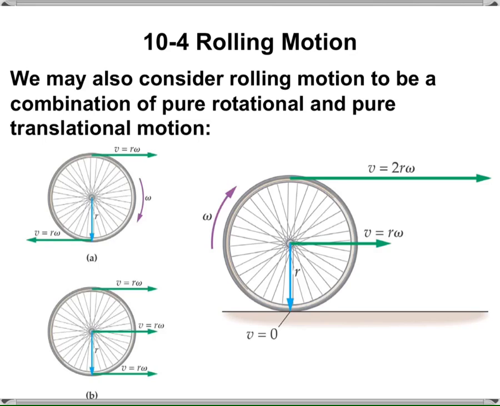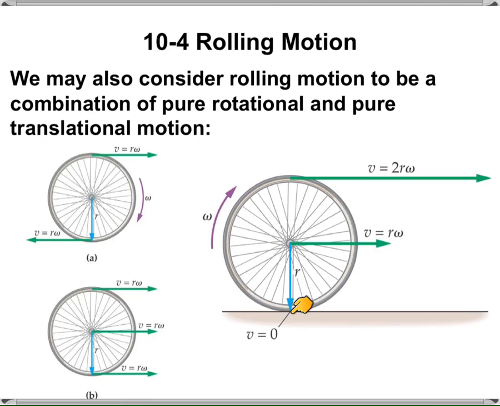And for the top point, since the rotation is in the clockwise direction, the top point has two velocities. One is the translational velocity, which is v, and the other is the rotational velocity, coming from the rotational motion. It's 2v. What about the bottom point?